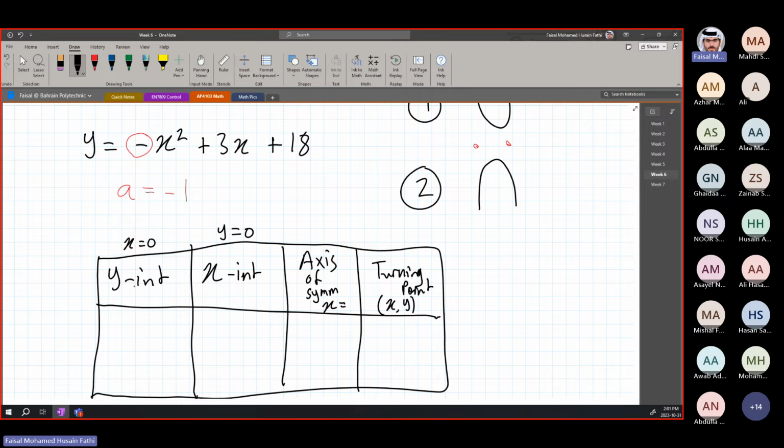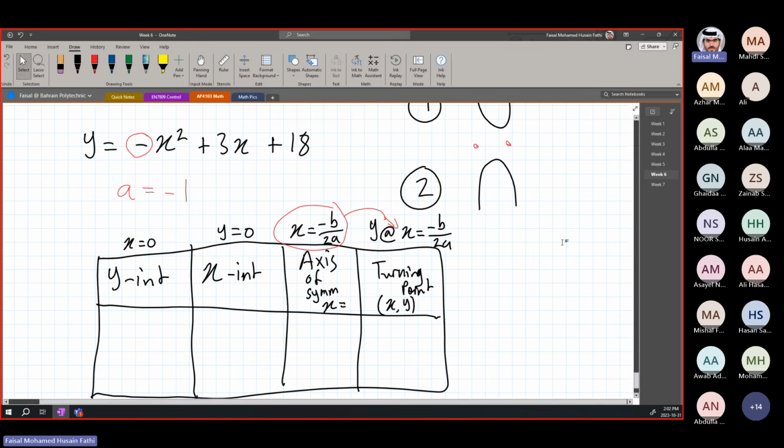The axis of symmetry is x is equal to minus b over 2a, then we substitute in the main equation to find y at x equals minus b over 2a, to get the coordinates x, y. I won't solve it so we can go directly to week 7.